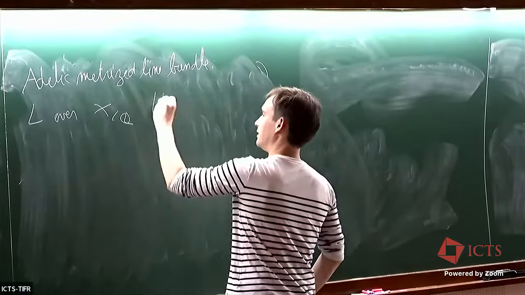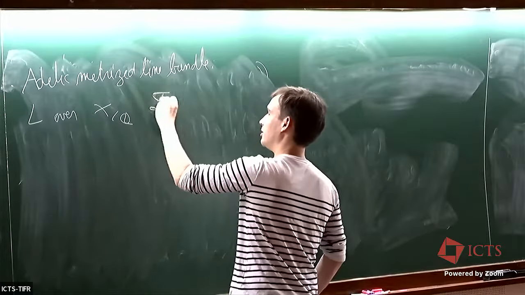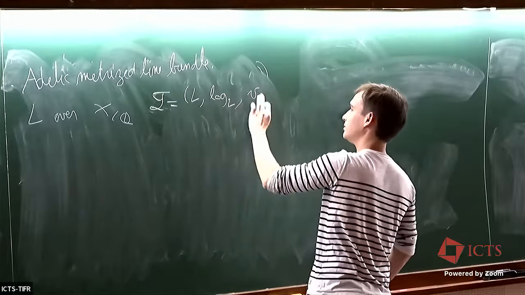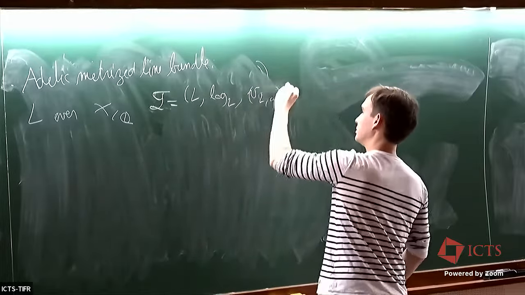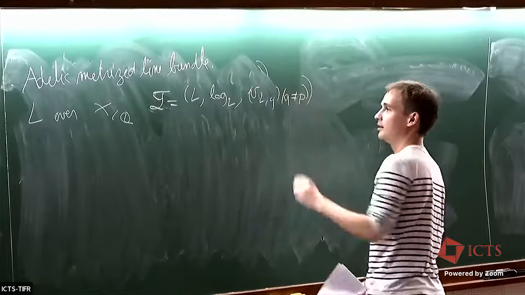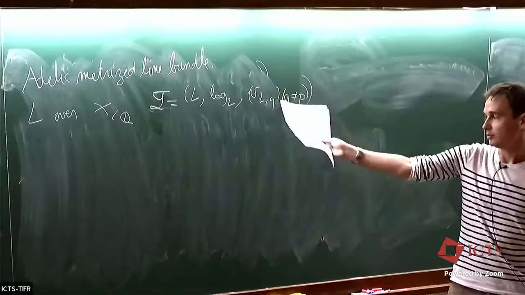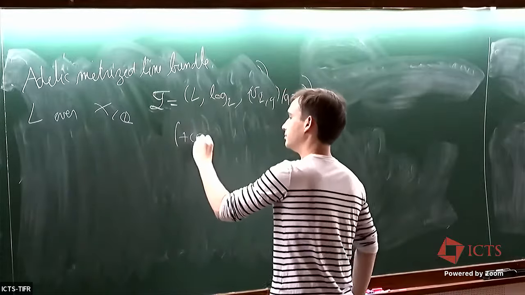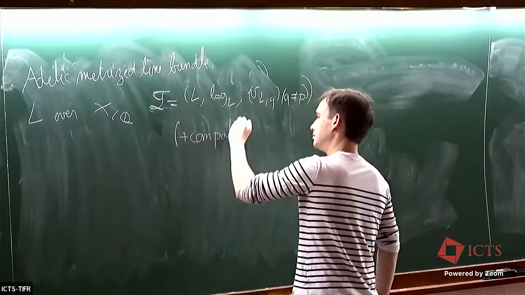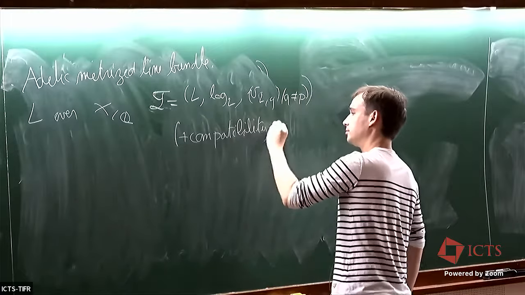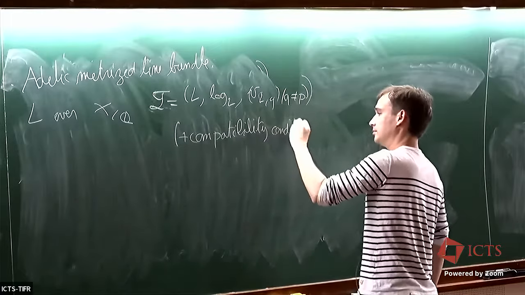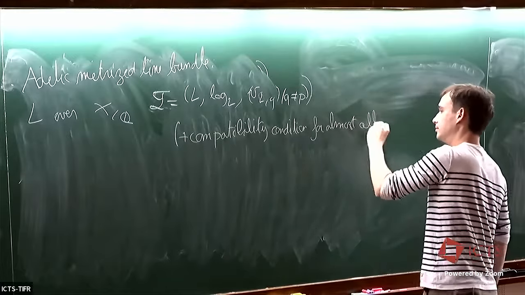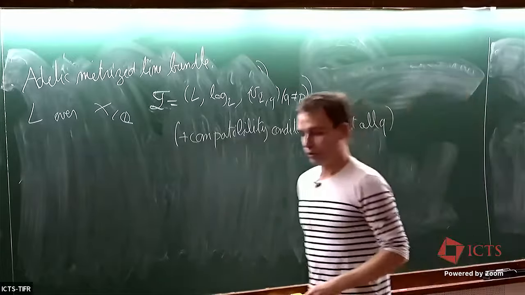And I take what I denote L bar, which will be a choice of L, log L, and valuations v_{L,q} for q different from p. So log function, q valuations, of course. And I had some compatibility condition for almost all q. Okay.